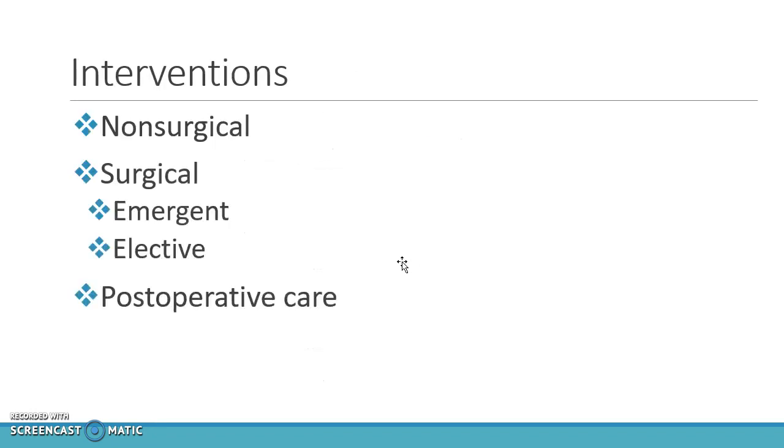Then interventions include non-surgical, which would be a truss or abdominal binders, usually for older adults that are not surgical candidates. And surgery can be either emergent or elective, and with the strangulation hernias, those are emergent and they have to go, otherwise that bowel will die, or elective, where they can have that as a scheduled time.